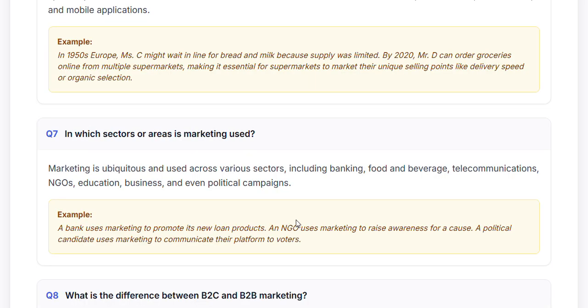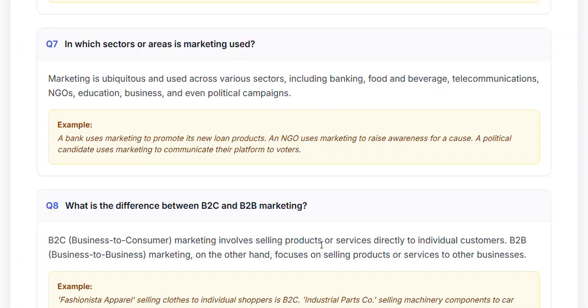So now we jump in. Maybe I will stop at question number 8 only. Yeah. So, in which sectors or areas is marketing used? Marketing is ubiquitous and used across various sectors, including banking, food and beverage, telecommunication, NGOs, education, businesses, and others, and even political campaigns.